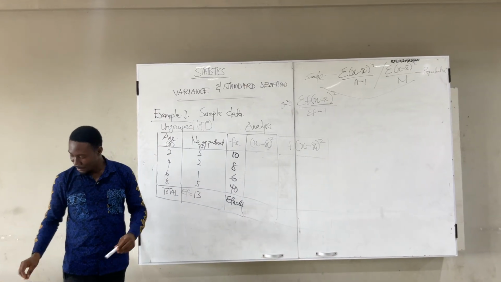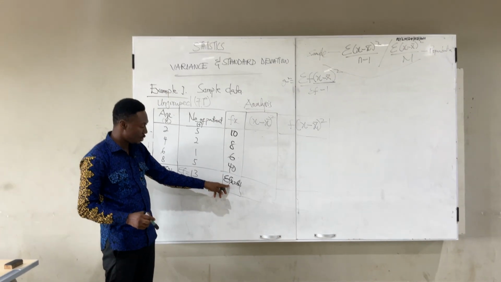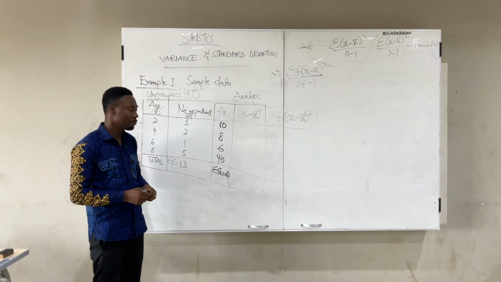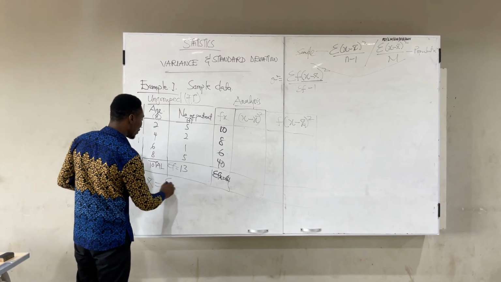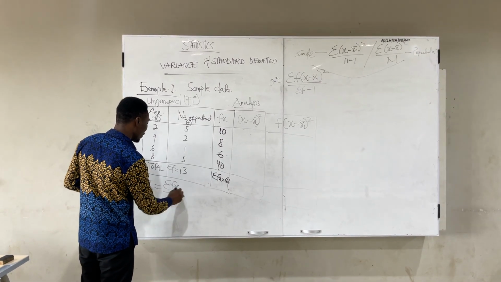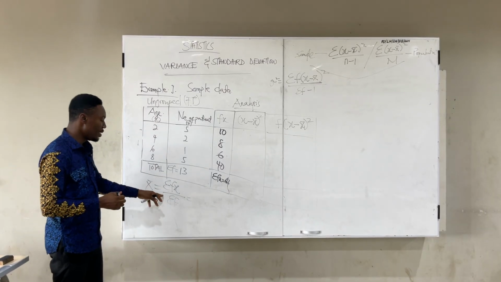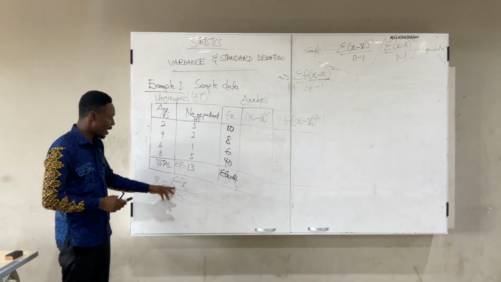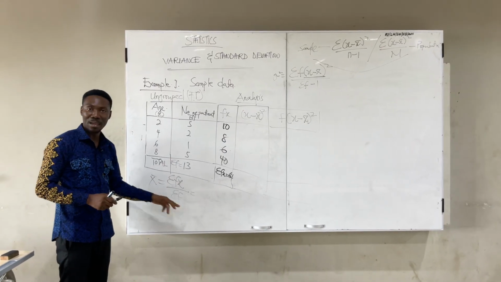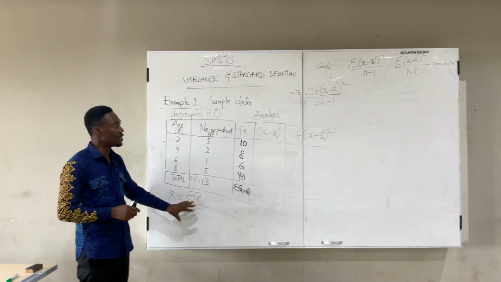This is going to be useful because it is going to help you calculate the mean. Then you write the formula for the mean. The mean formula is equal to sum of fx all over sum of f. So this is the mean formula in a frequency distribution table.